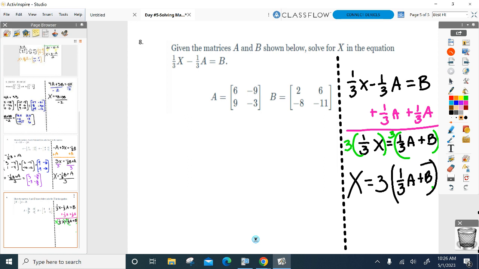Yeah, you can distribute the 3. This is the same as just doing A plus 3B. You'll get the same answer. If you feel more comfortable just doing the parenthesis than multiplying it all by 3, go ahead. They're both correct.